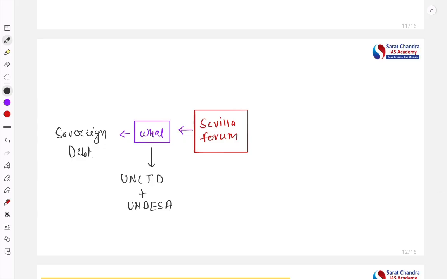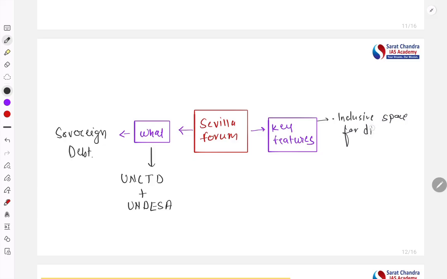Now there are some key features of this initiative. What are the key features here? The key features of this particular initiative are, one, that it will create an inclusive space for dialogue.